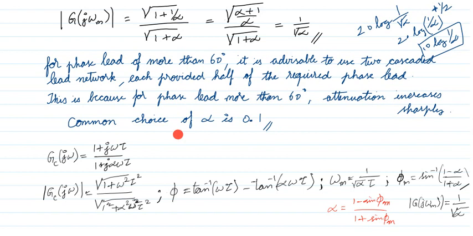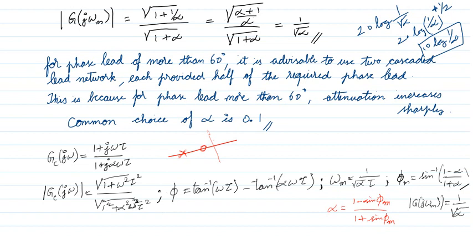Here I have written all the formulas consolidated. So this is the general form of the lead compensator. In a lead compensator, the zero comes very close to the origin, followed by the pole. So this is a pole-zero plot of a lead compensator. This is the magnitude, this is the phase angle, what is omega m, what is phi m, what is the magnitude at omega m, and what is the relation between phi m and alpha.